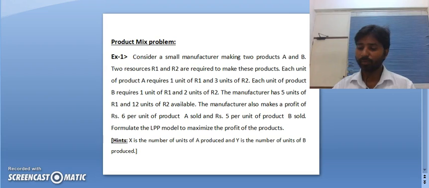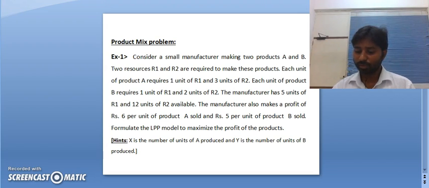The manufacturer has 5 units of R1 available and 12 units of R2 available. The manufacturer also makes a profit of rupees 6 per unit of A sold and rupees 5 per unit of B sold. So this is the problem setting that we are looking at.